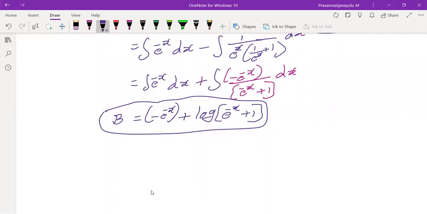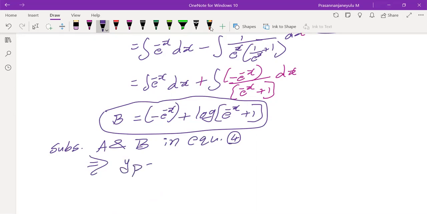Okay, now substitute these values, capital A and capital B, in equation number 4. That implies yp is equal to capital A into, what is the value of capital A we got? Minus 1 into log of 1 plus e power x, I think so, into u of x.